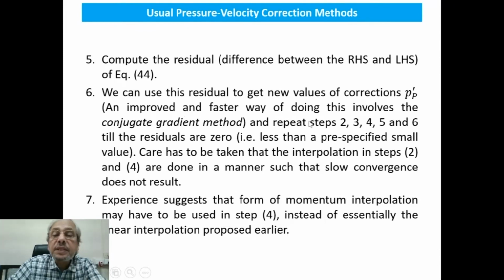An improved and faster way of doing this may involve the conjugate gradient method. Repeat steps 2, 3, 4, 5 and 6 till residuals are 0. In computation, getting exactly 0 is not possible, so we will define a very small number, a predefined upper bound, a pre-specified small value.